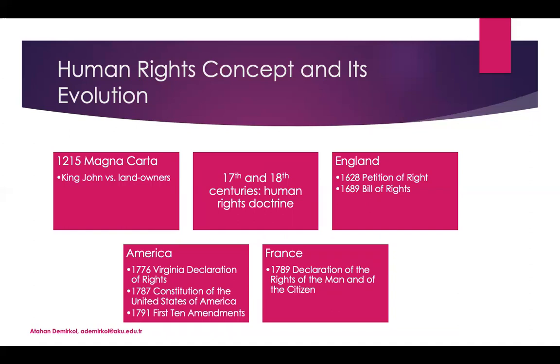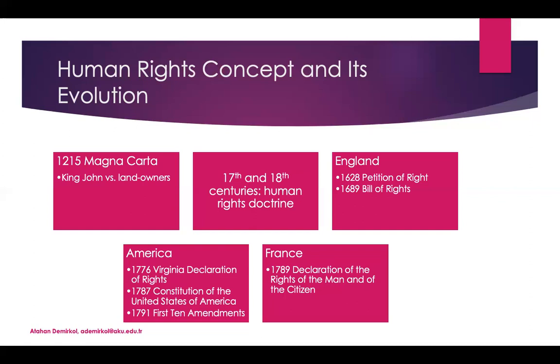Someone says that this is an important document for the human rights concept, but for my point of view, and not just mine, for some scholars, it's not a human rights document because it was just a document between the king and landowners. It was not regulating human rights in a universal definition; rather, it was regulating the issues between king and landowners. So it was a different document than a human rights document.